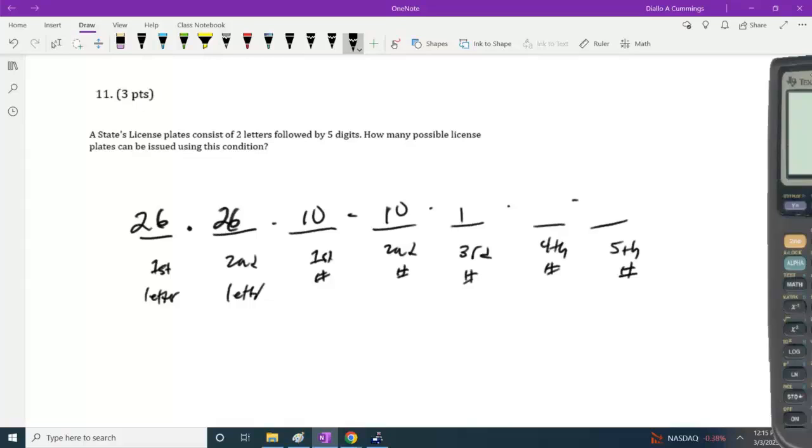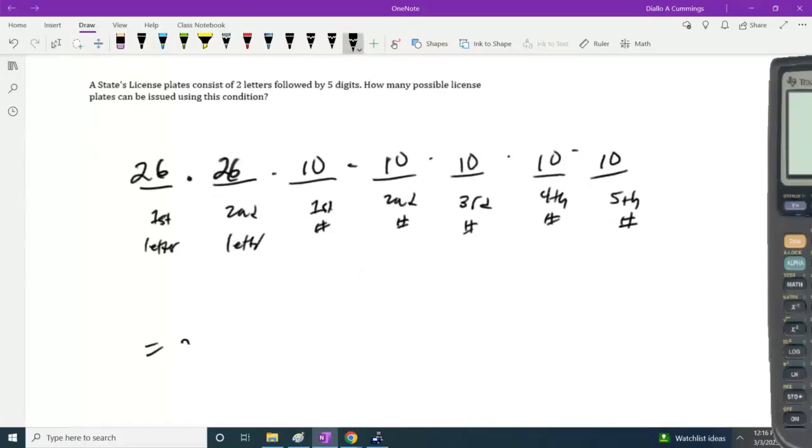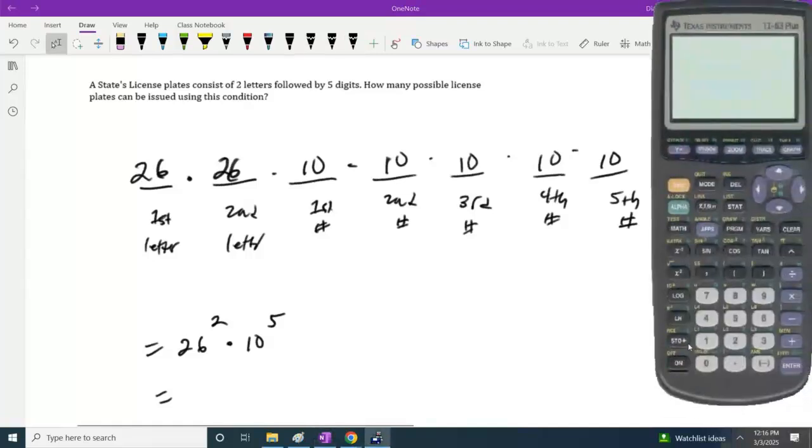So there should be 10 choices for all 5 numbers. So now we're going to multiply all this together. So we should have 26 squared times 10 to the 5th power.